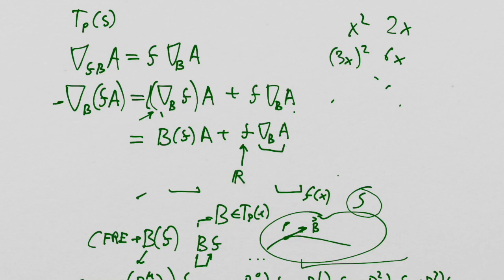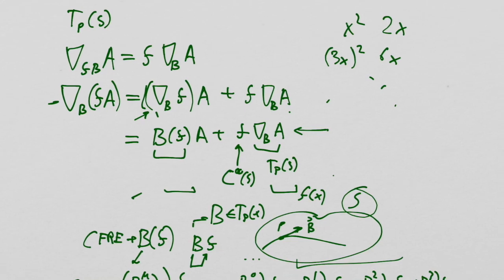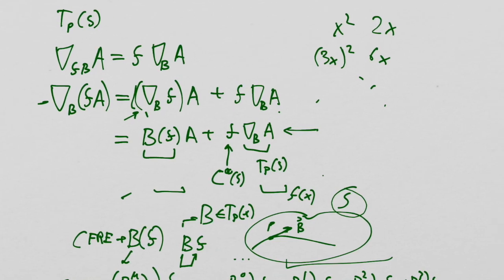This is basically a real function. If I was like a real textbook guy, I would say this is a C infinity function on the manifold, f, times an element of the tangent space at S, which is simply a vector. So this is a vector, and this is, as we've just shown, the derivative.